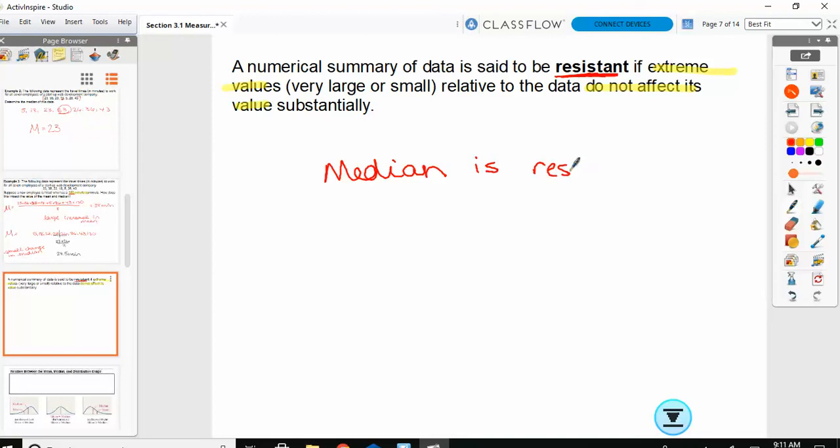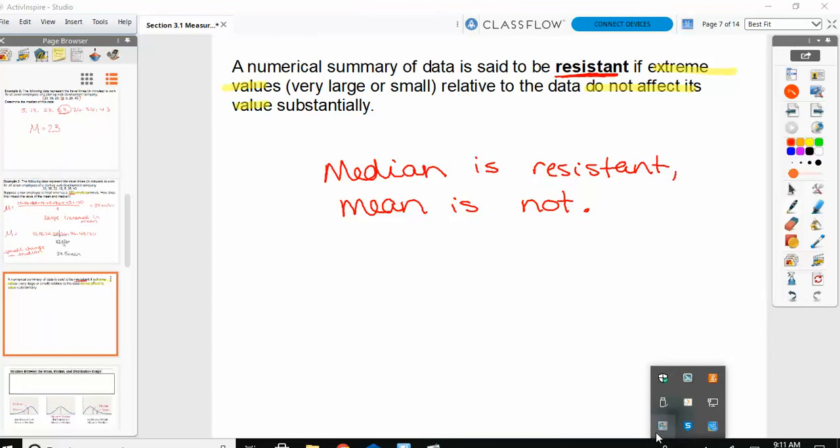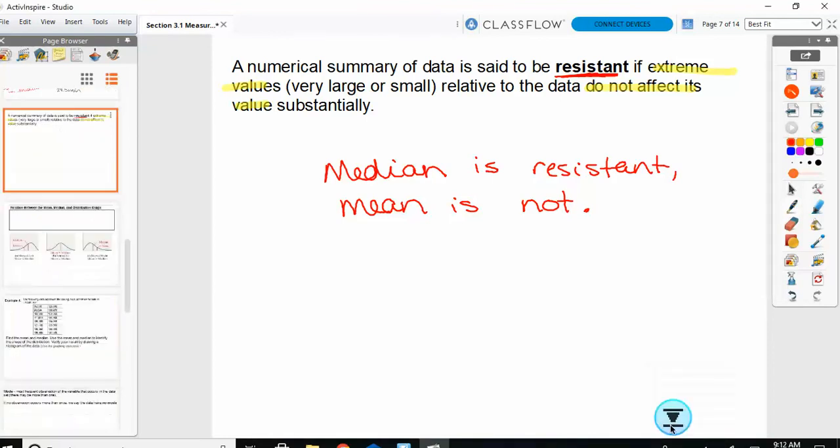So the median is resistant, but the mean is not. Really big or really small values.